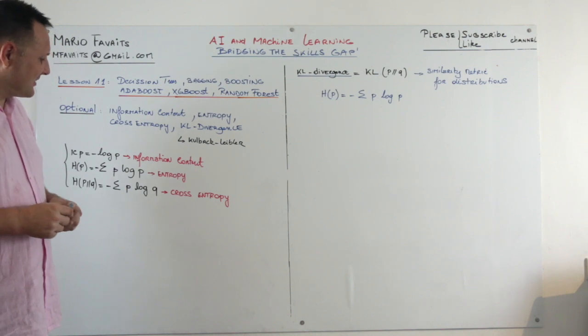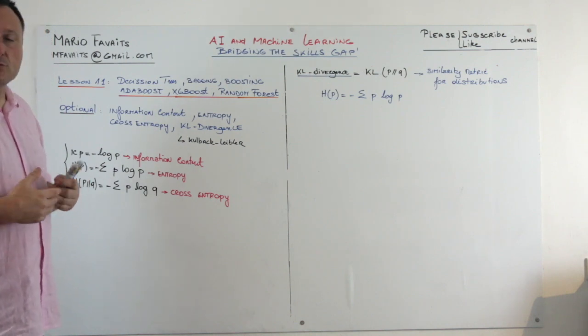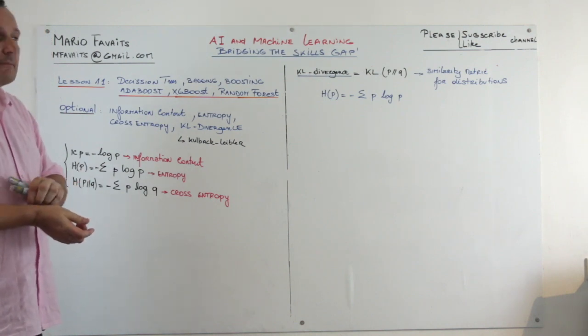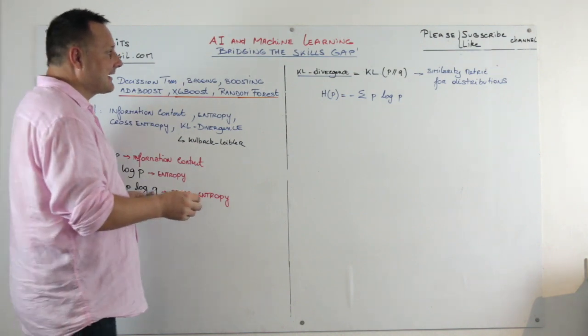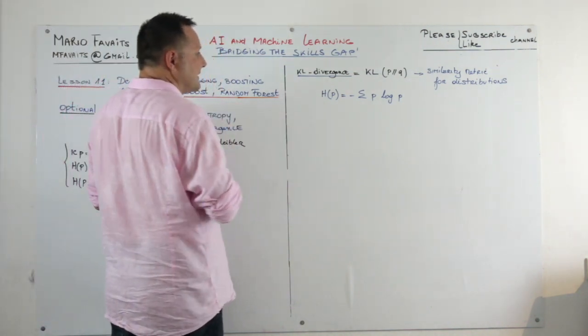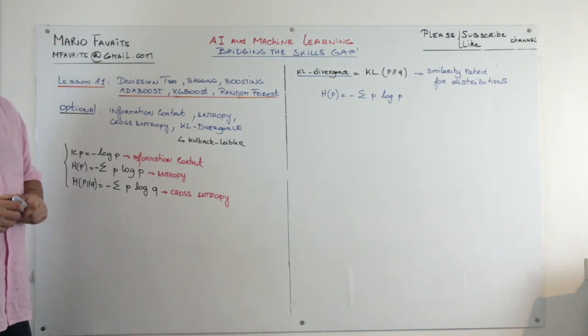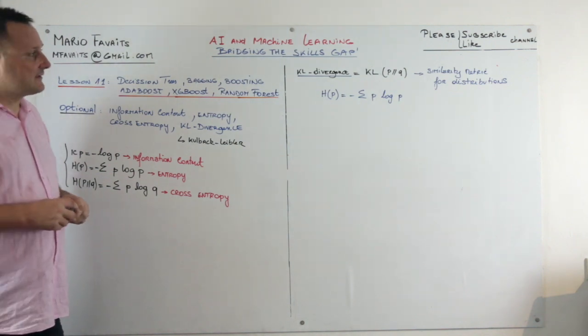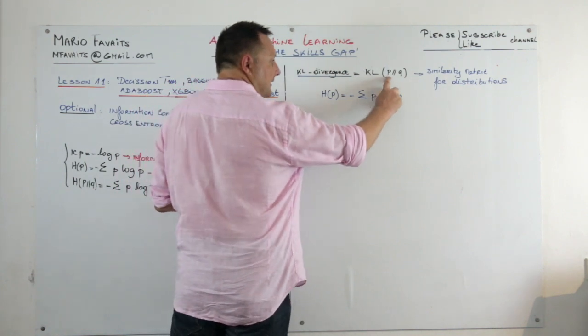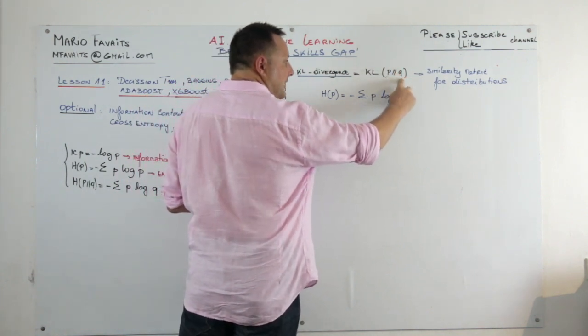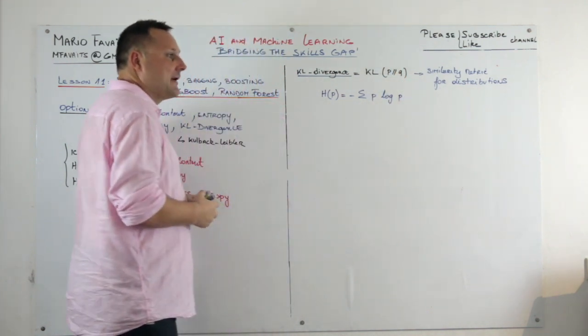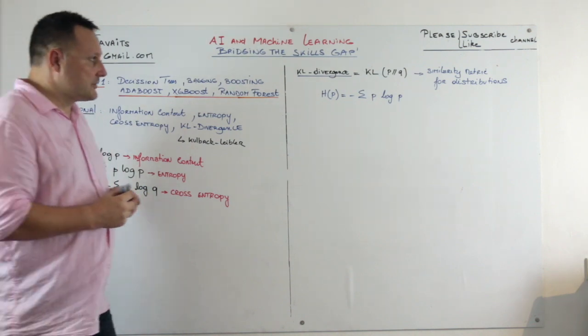So we can actually use this to measure if two probabilities are the same or not. And that's exactly what KL divergence does. KL stands for Kullback-Leibler, the two guys that introduced this. And this is how we note it. P, then two parallel lines Q, and it's a similarity metric for distributions.